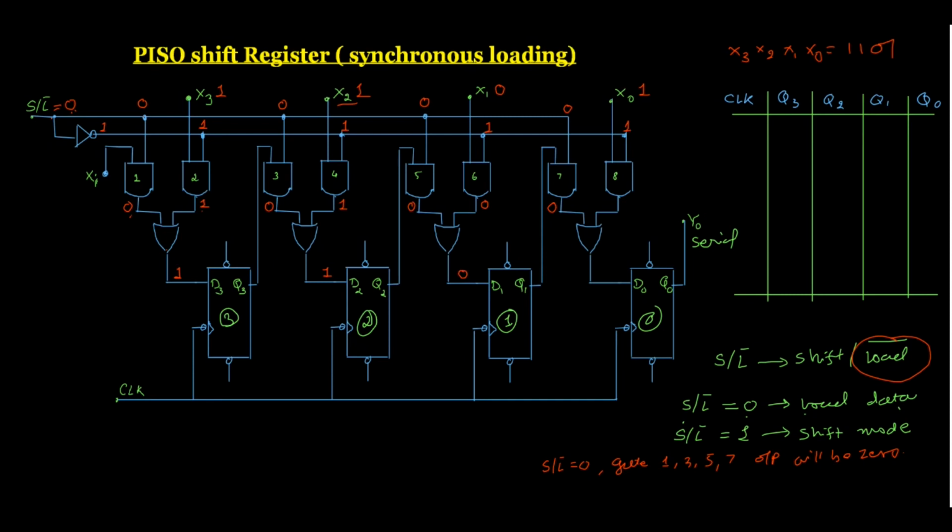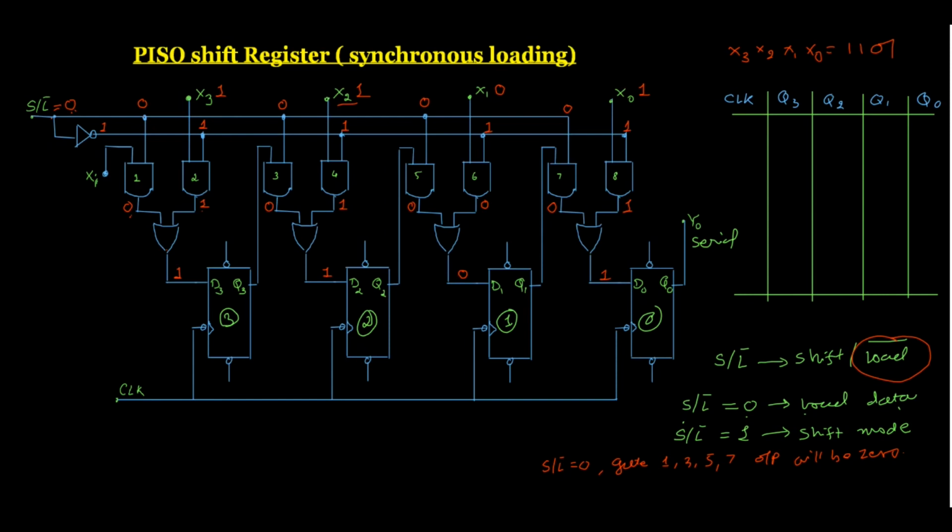In the same way, here x0 is 1 and this is 1, so the output of this AND gate will be 1, and 0, 1 is the input to this OR gate, so the input to flip-flop number 0 will be 1.